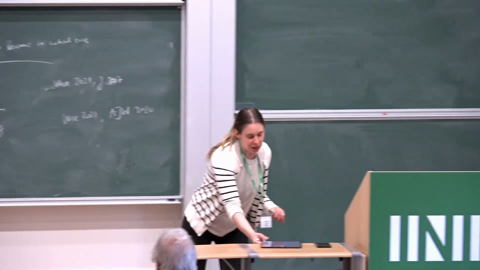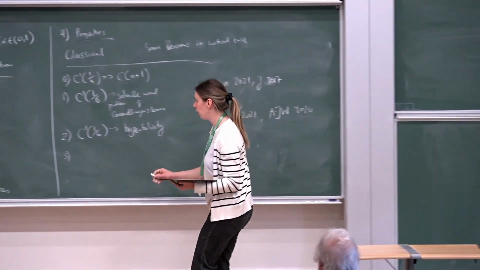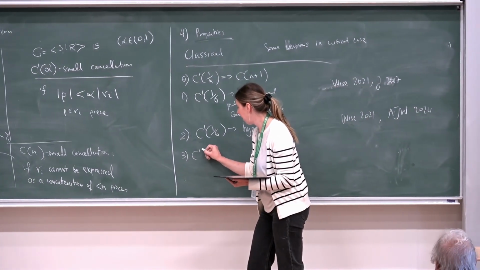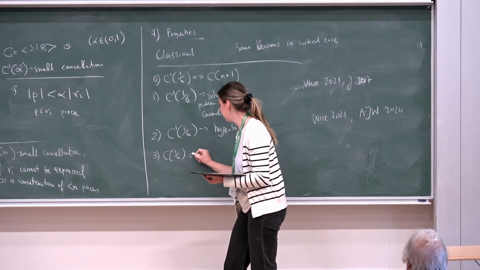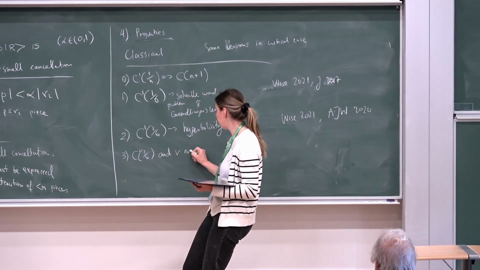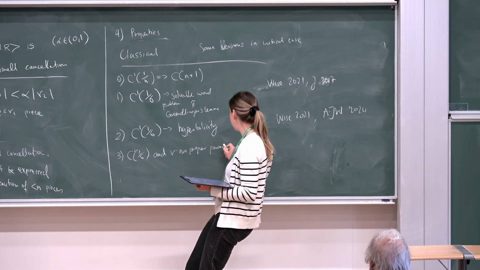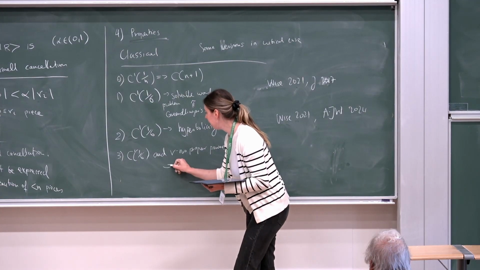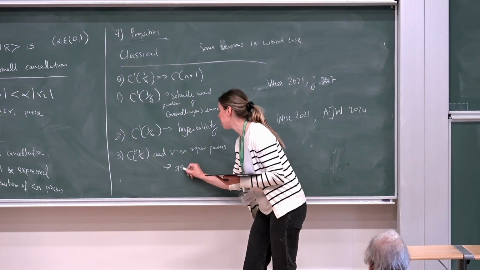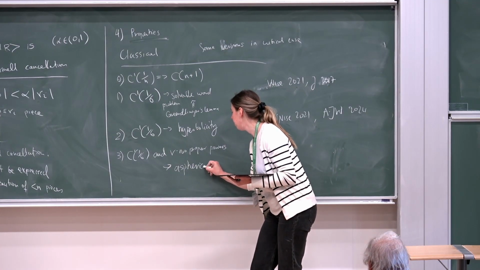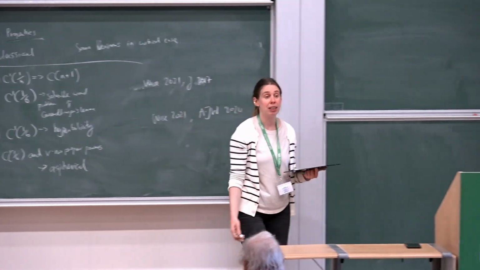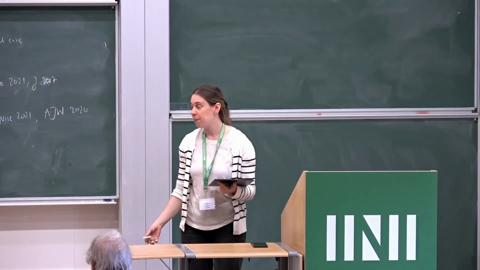There are also results that tell you that if you additionally assume that your relations are not proper powers, then your presentation is aspherical. So in particular, that presentation complex is a K-pi1 space for the group.